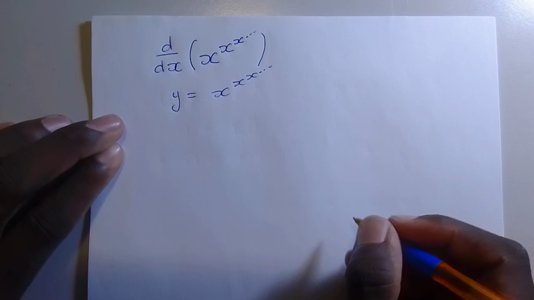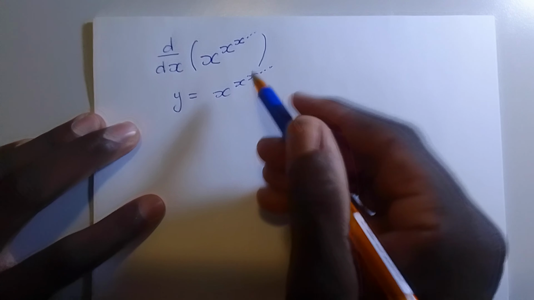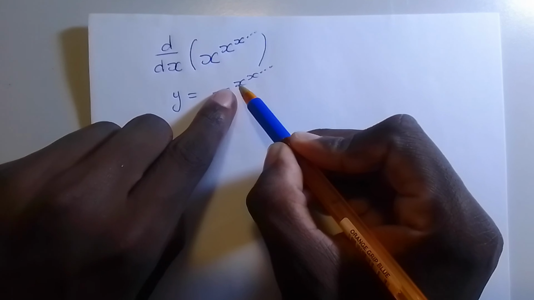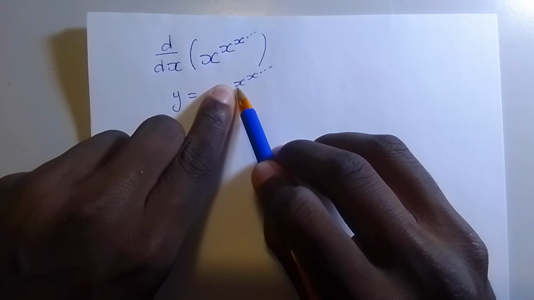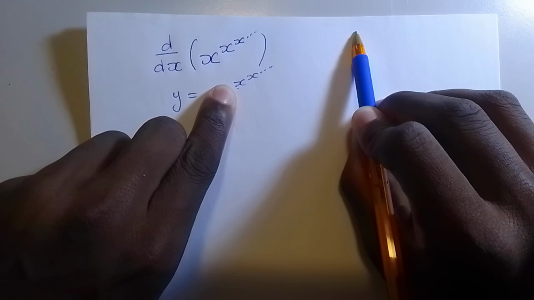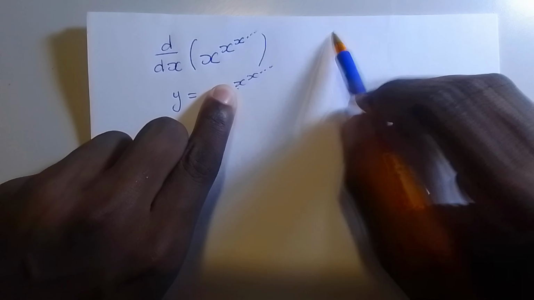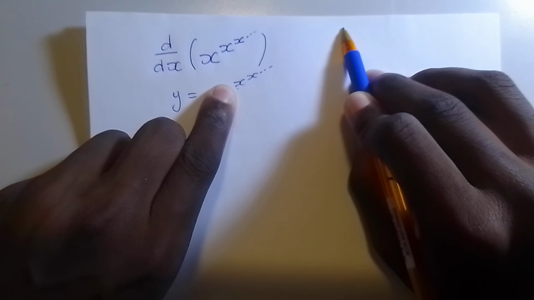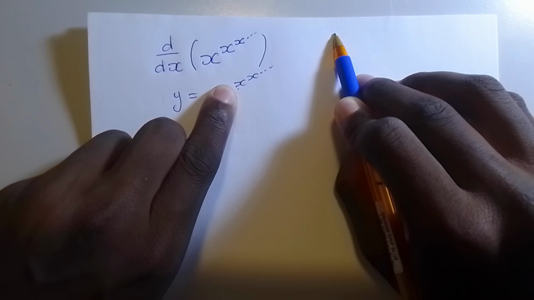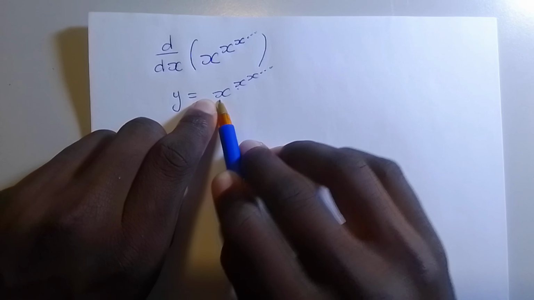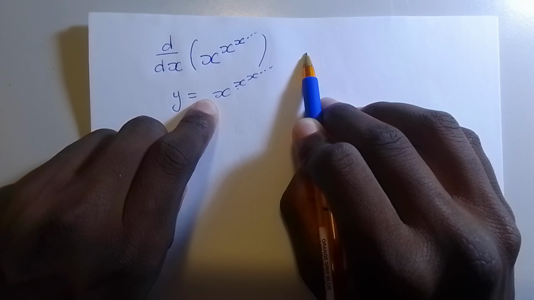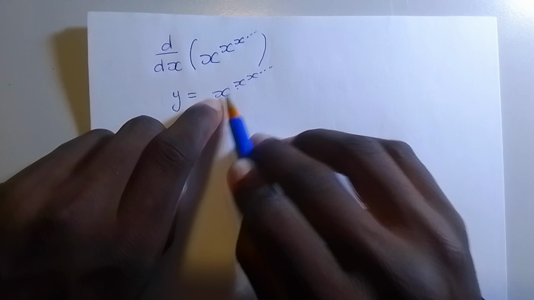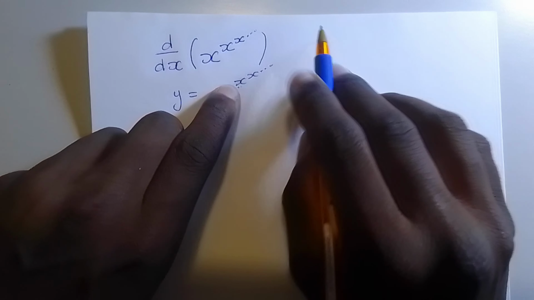Now our first step is we are going to say, if you ignore the base and start here and go up to infinity, since it's still an infinite number of powers of x, this should also be approximately equal to x to the x to the x to the x. So whether you start from this or you start from this upwards, it's still the same thing.